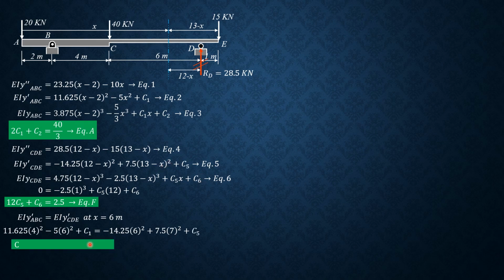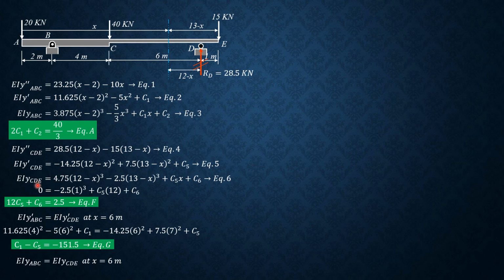So establishing the c sub 1 minus c sub 5 equation, and that is equal to negative 151.5. Call that equation G. Then EI y ABC is equal to EI y CDE. In other words, same deflection at C considering ABC and CDE because this is the common point.